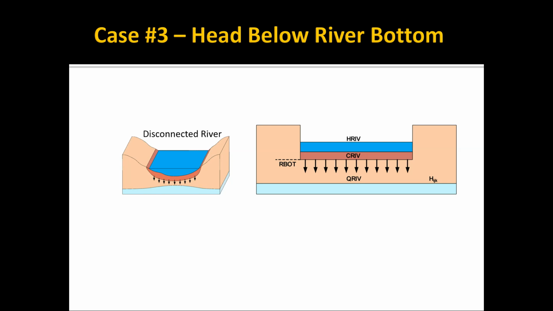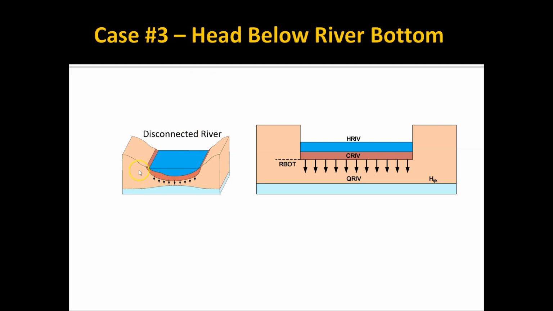And so it's no longer completely saturated between the river bottom and the aquifer because of the relatively lower permeability of the river bottom sediments. It slows the flow down, and then it just percolates down. Once it gets through the river bottom sediments, the water just percolates through the vadose zone down to the aquifer.